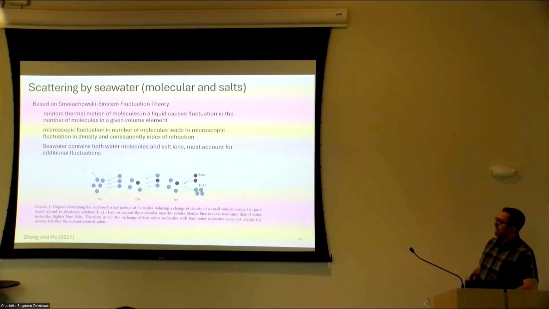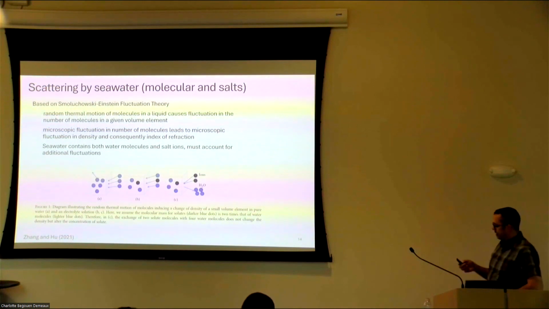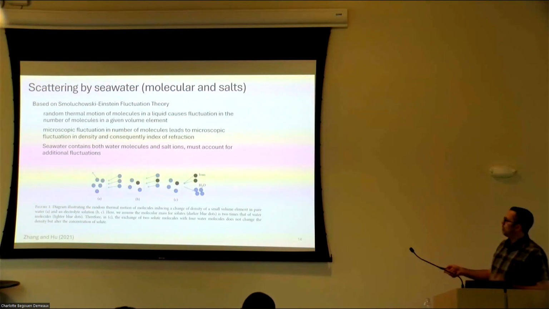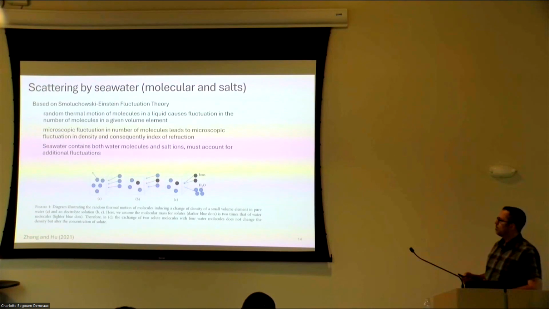So that covers pure water, but seawater has some additional stuff going on because you've got ions. This first plot shows your water molecules going in and out of a volume element, so you're changing the density. The blue circles here are now your ions, and they have some different density. So you've got a concentration effect, where not just the water molecules but also these ions move in and out of the volume according to thermodynamics.